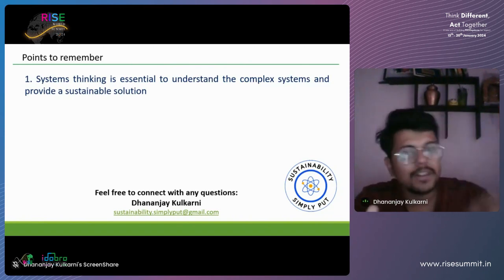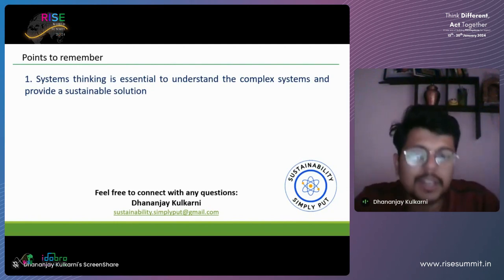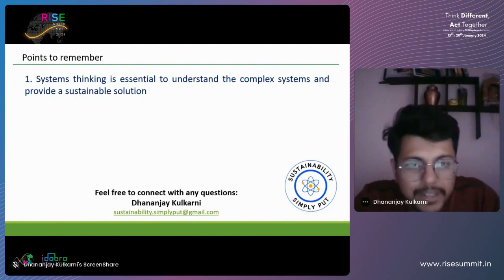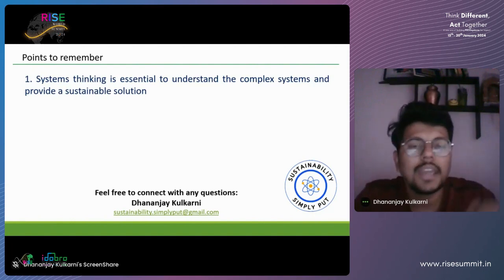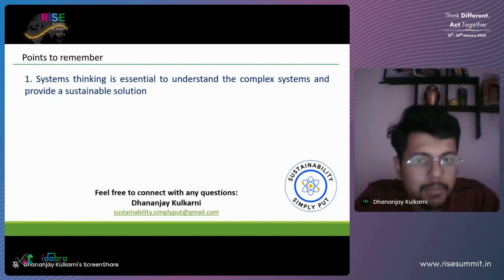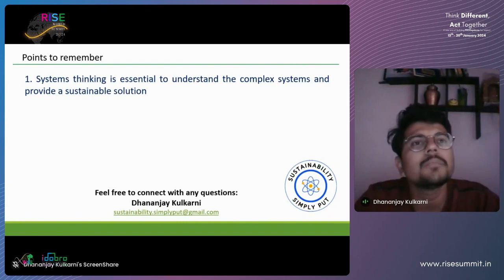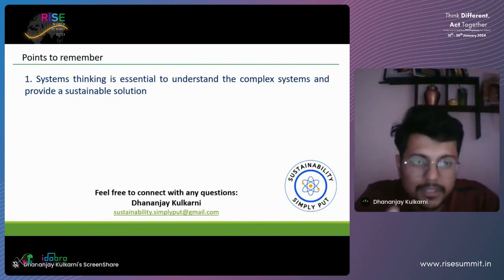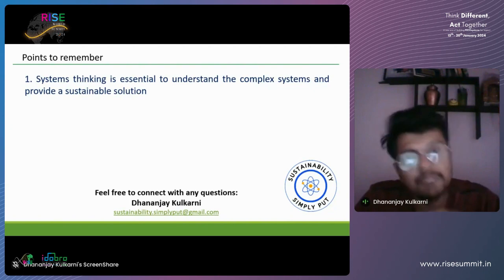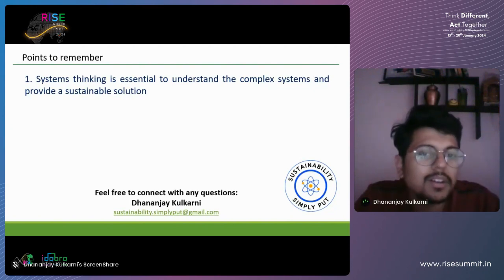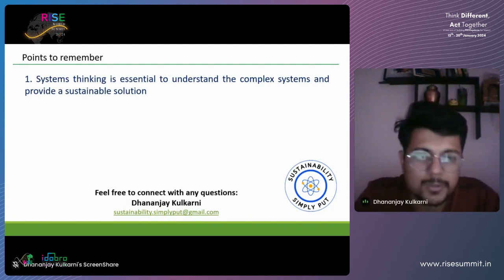If we try to understand all these different elements and how they interact with each other, then we get more clarity. Once we have a proper mind map, a proper understanding of the exact issue, the exact problem, then we can provide a proper solution, and it will be a long-term solution. That's why it's a sustainable solution.